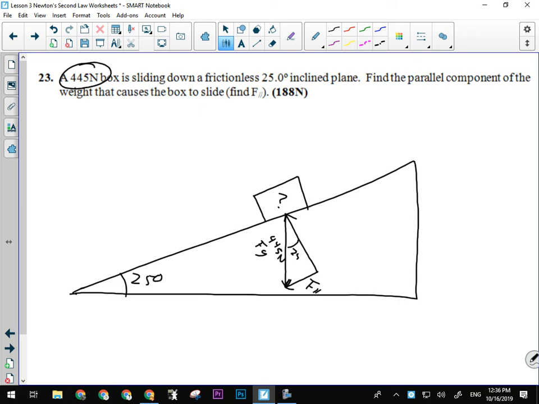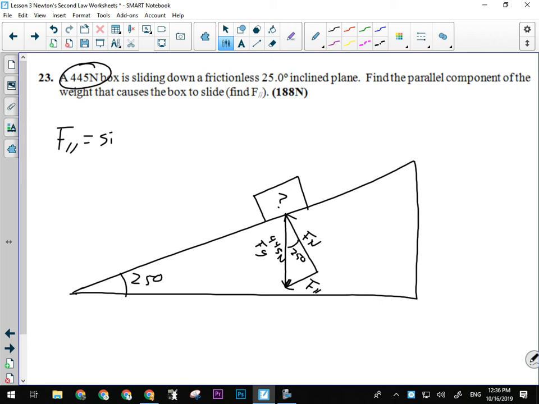The other thing we have to remember is that normal force, that's this side, and the force of gravity are separated by the same angle that the ramp is inclined. That's why they don't directly oppose each other. Their difference is 25 degrees. Now that I know the hypotenuse of this triangle, can I find F parallel? Yes. It's the opposite side, so what trig function am I going to use? Sine.